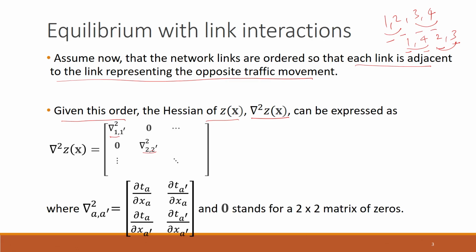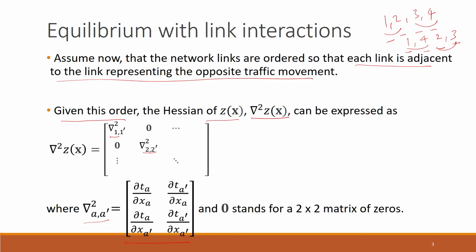So, these are block matrices here. The gradient square for this pair A comma A dash is given by this 2 cross 2 matrix here.